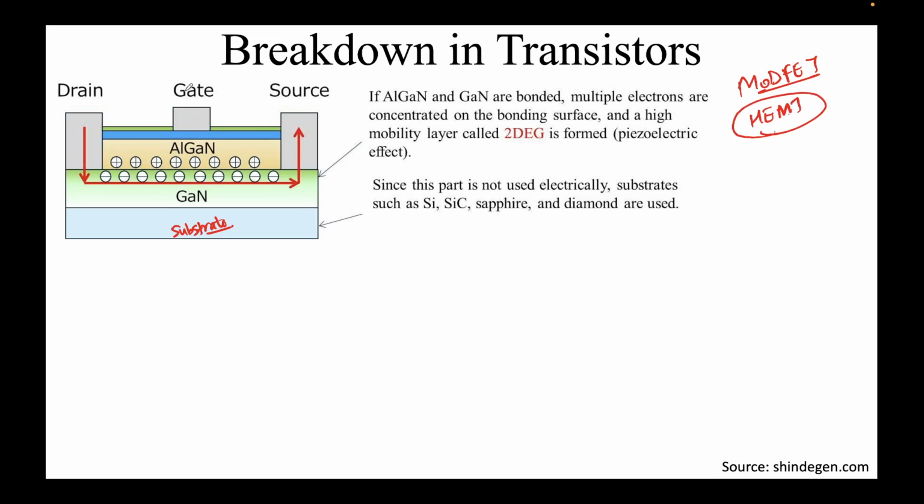You can see the 3 terminals, the drain, source, and gate. The gate will control how much charge there is. In the MOSFET, we saw there is an inversion layer. It just so happens, due to some material properties of aluminum gallium nitride and gallium nitride, that there is a readily available sheet of electrons over here, even at 0 gate voltage.